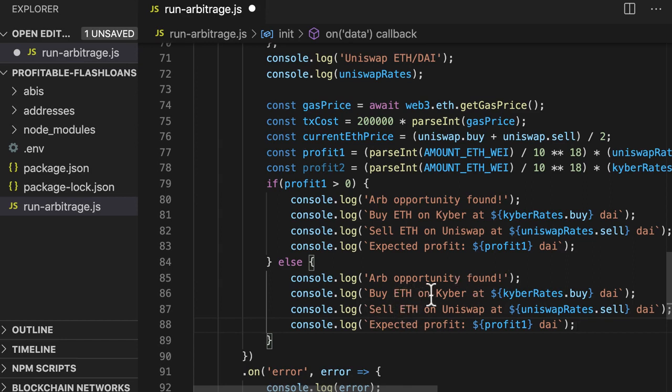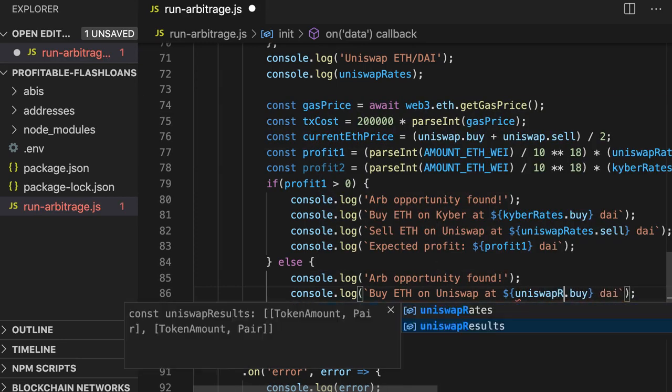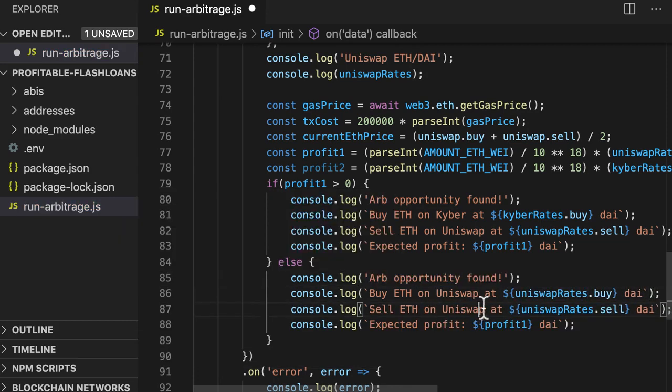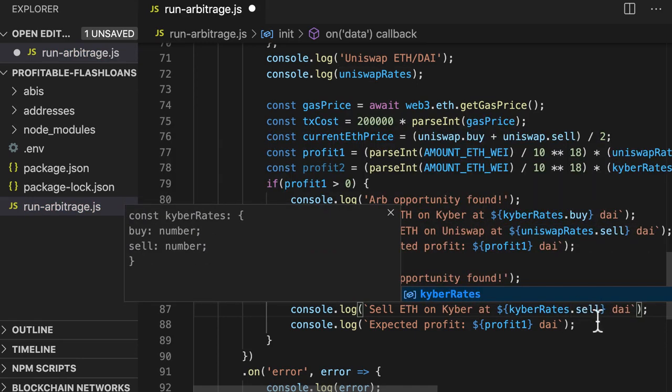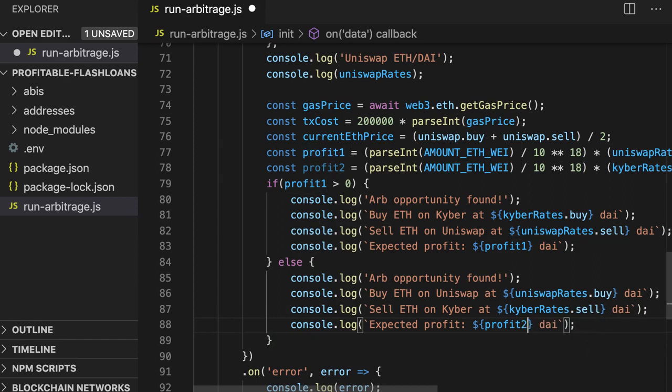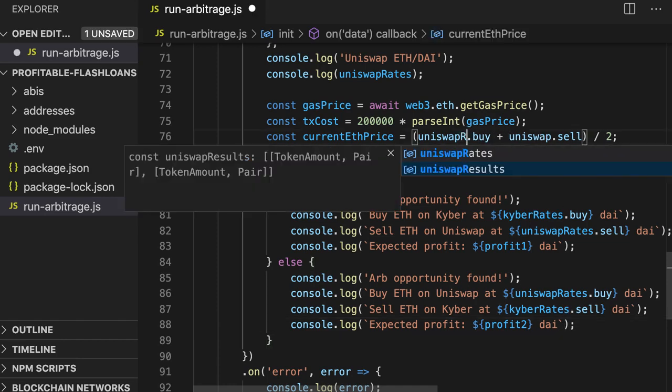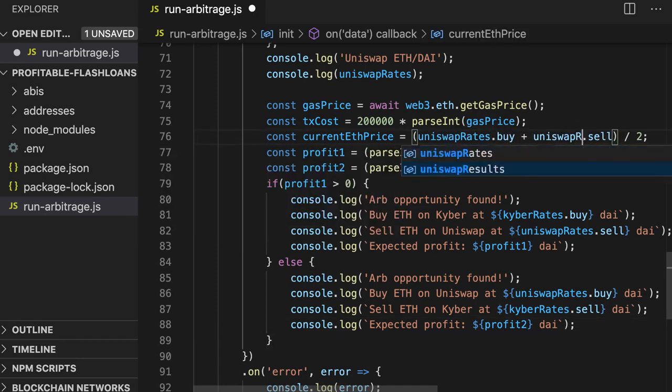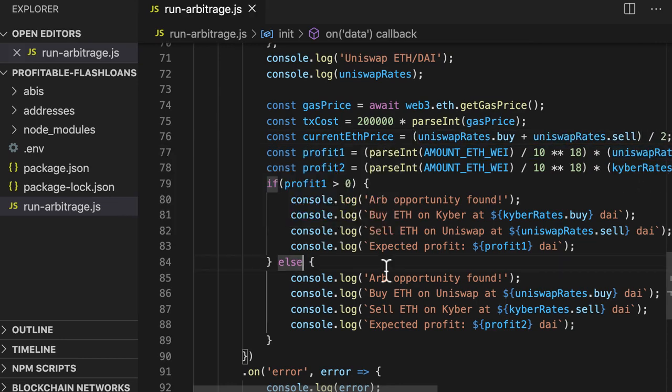So here it's buy ETH on Uniswap at Uniswap rates.buy, and sell ETH on Kyber at Kyber rates.sell, and expected profit 2. And I just realized we have an error here. It's Uniswap rates and Uniswap rates, and here also it's if profit 2 is positive.